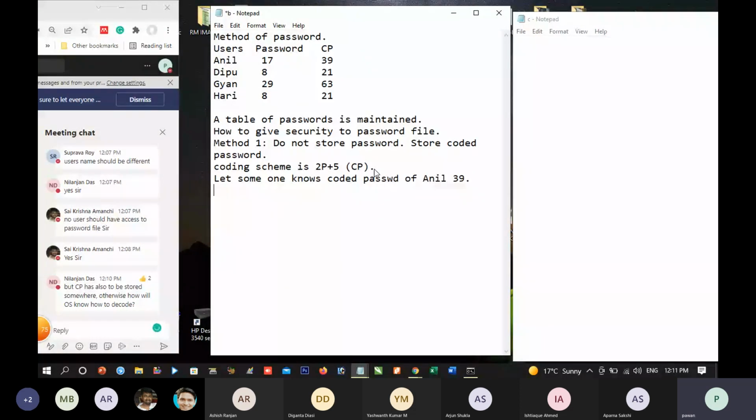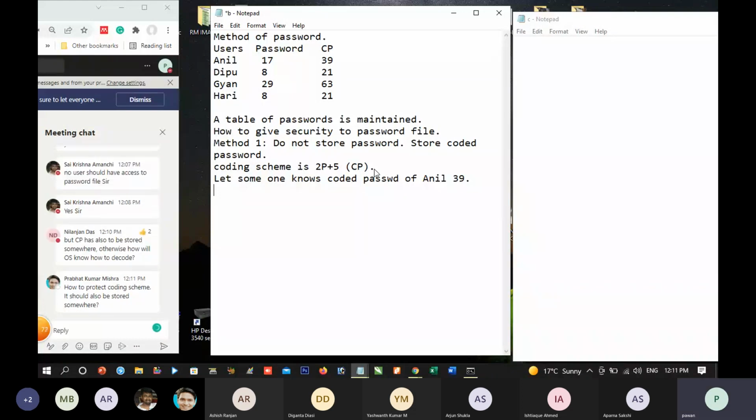If he gives 39 as a password, he will not be permitted. By giving 39 as a password, he will not be permitted the entry. Do you understand it? That is correct.